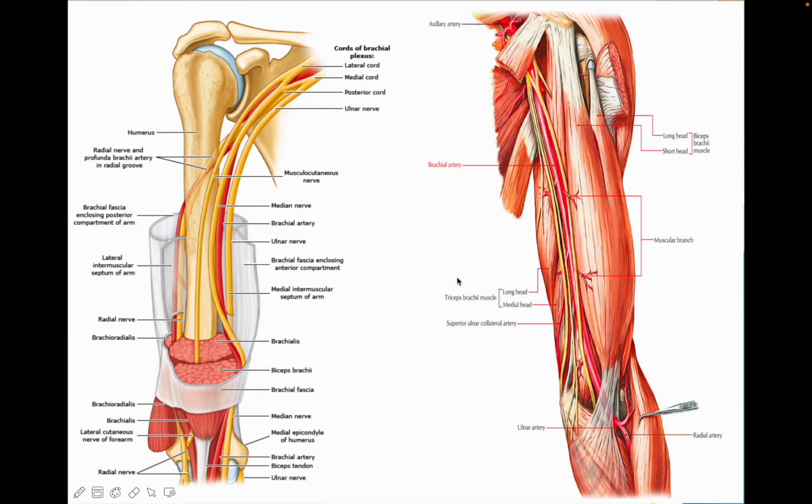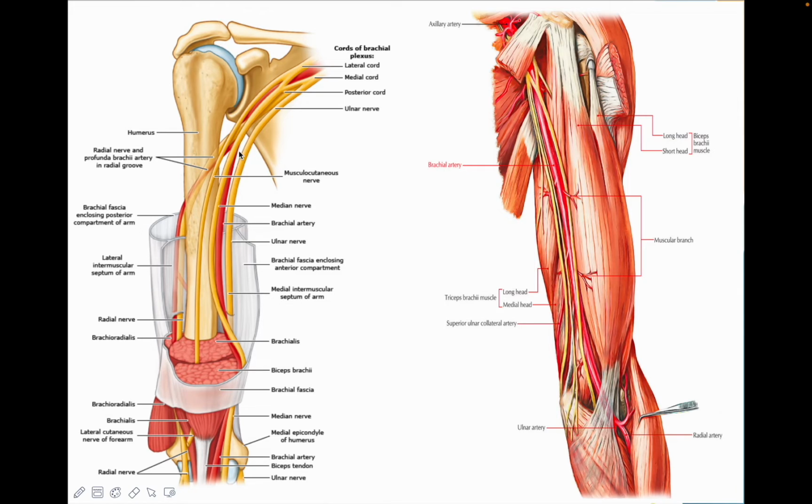The posterior relations of this artery are the posterior compartment muscle of the arm, that is triceps brachii. You can see the heads of the triceps brachii related posteriorly to the artery.